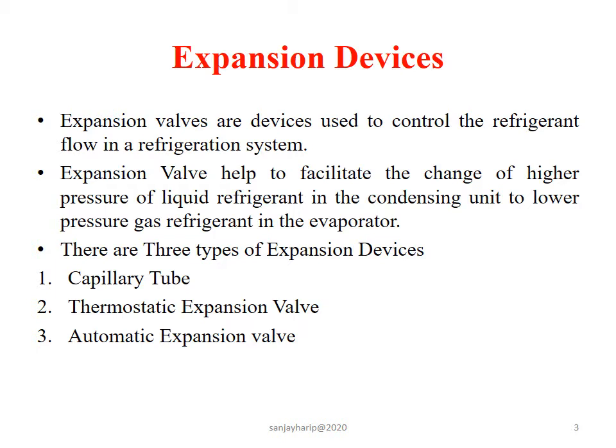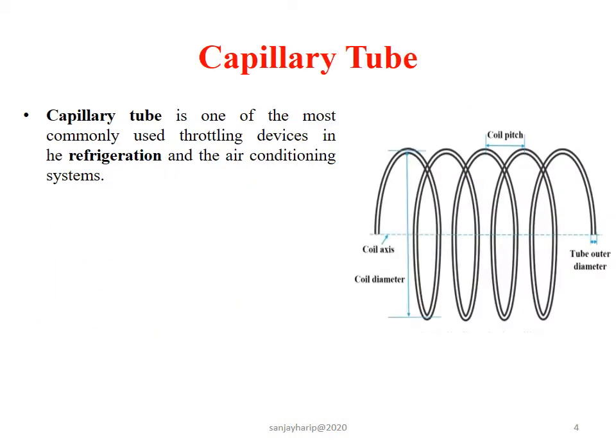There are three types of expansion devices generally used in refrigeration and air conditioning applications. They are capillary tube, thermostatic expansion valve, and automatic expansion valve. Let us see the first expansion device, that is capillary tube.